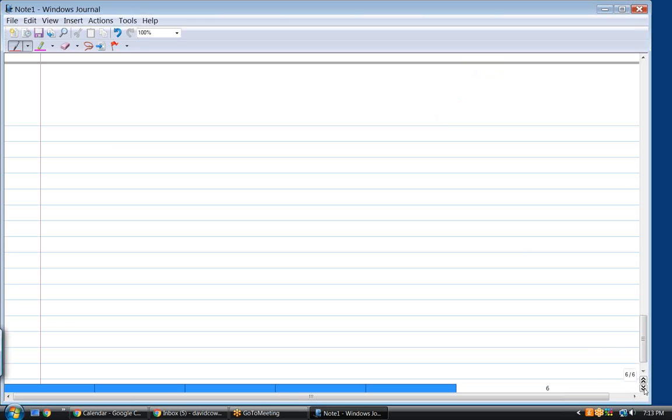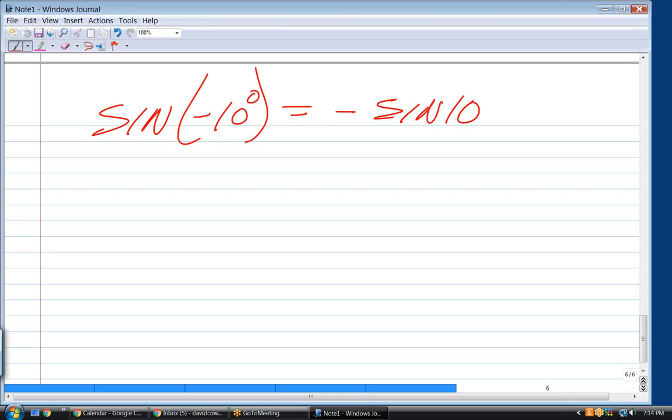So problems with radians, and if it's a negative angle, the best thing to do with negative angles is to use the odd or even property to get rid of the negative sign. In other words, if I had the sine of minus 10 degrees, I'm just going to immediately turn that into minus the sine of 10 degrees.